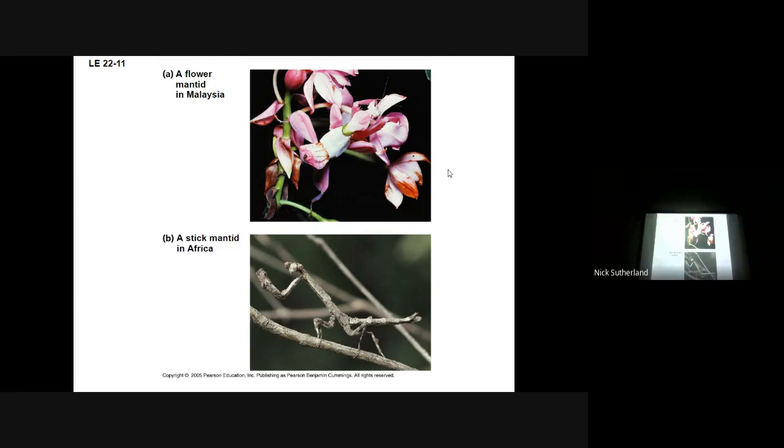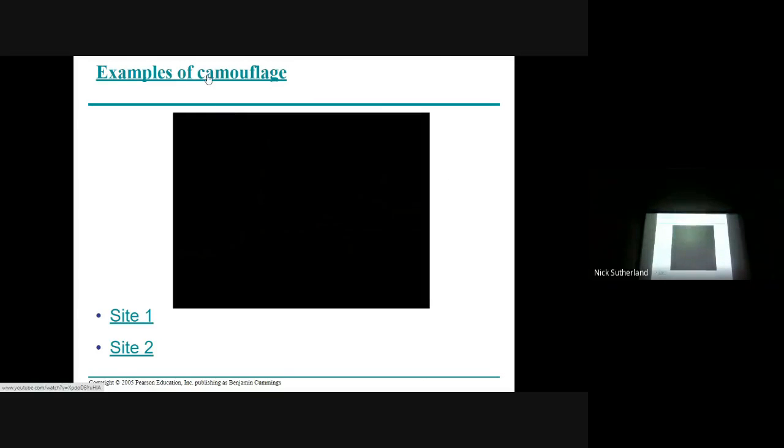You don't always need to have these extreme adaptations, but sometimes you do see them. All right, let's see if we can watch a video here.